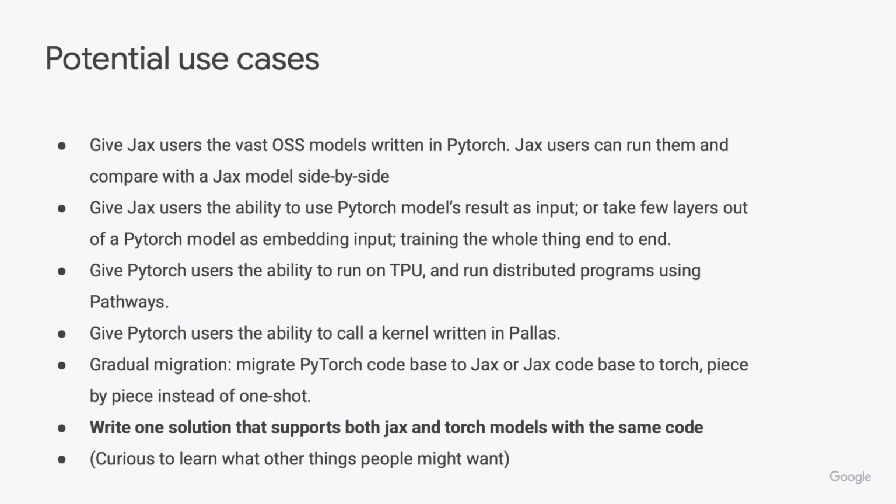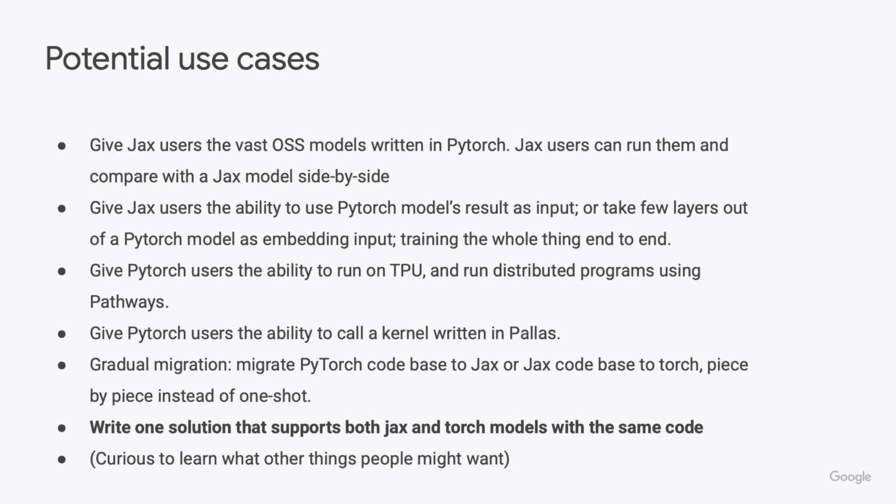You can use a Torch model, or part of a Torch model, to encode your input at some hidden layer, and then use that to train some JAX function. You can run Pallas, of course, because everything is JAX arrays that Pallas takes. You can call Pallas on JAX arrays. And then in the case of vLLM, what we're leveraging Torchax for is that we can use the same code to support both.